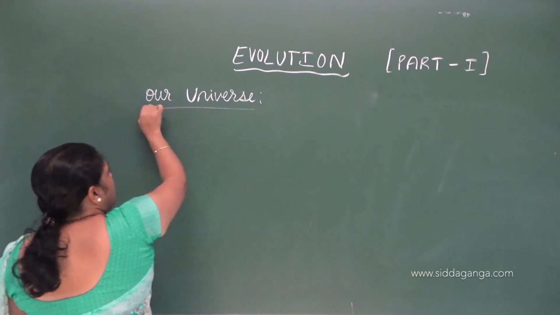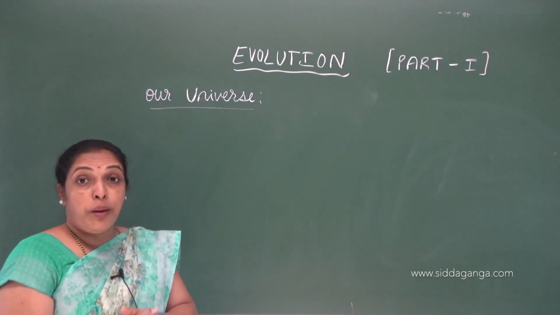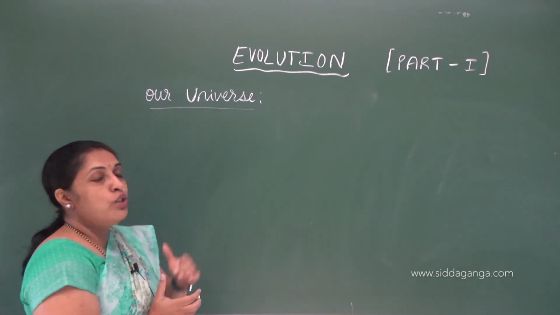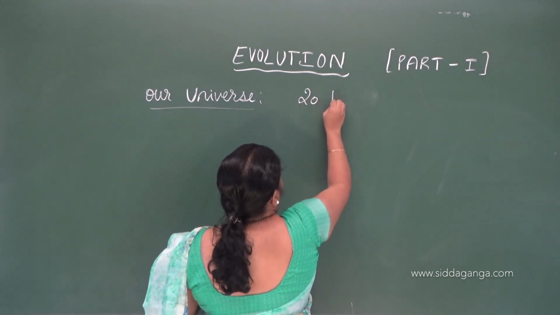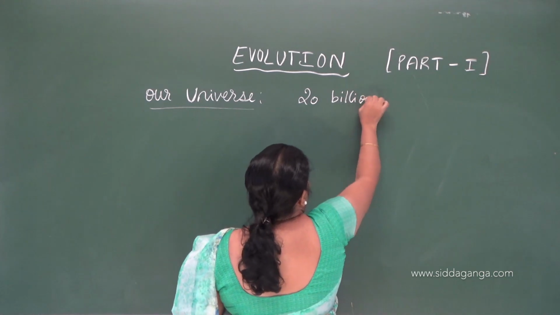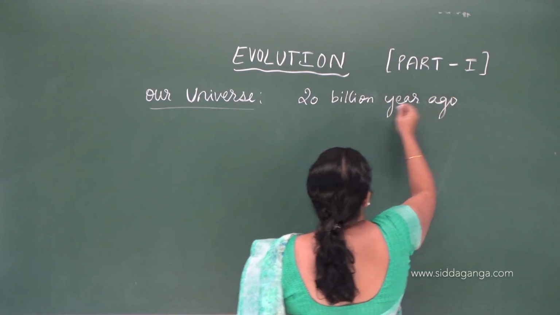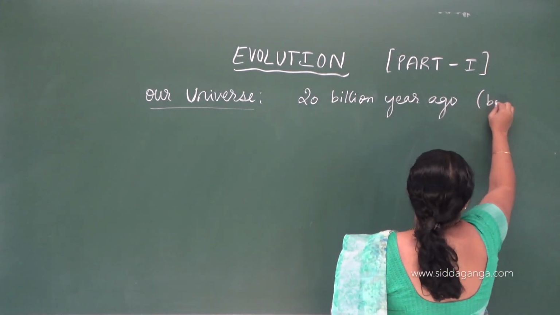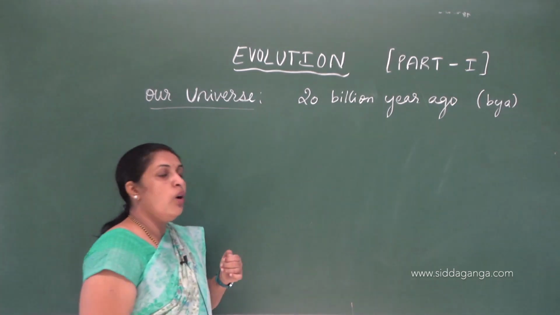We all studied in our 9th and 10th classes about the Big Bang Theory. The origin of the universe is nearly around 20 billion years ago. BYA means billion years ago.